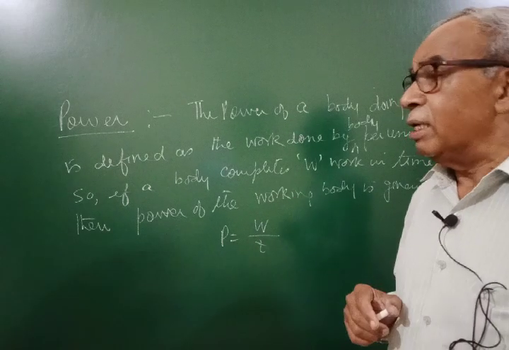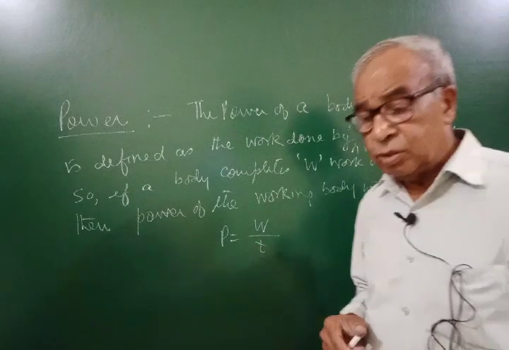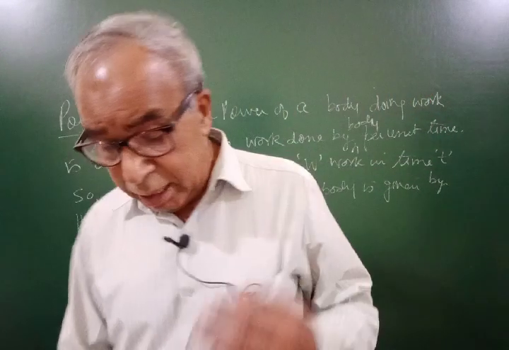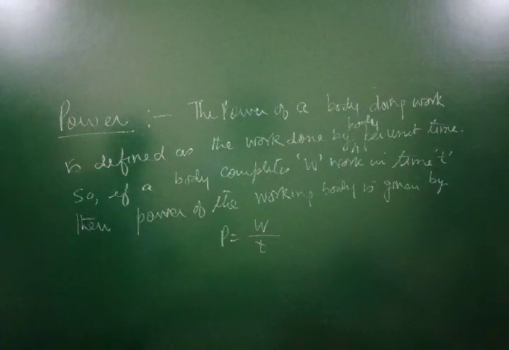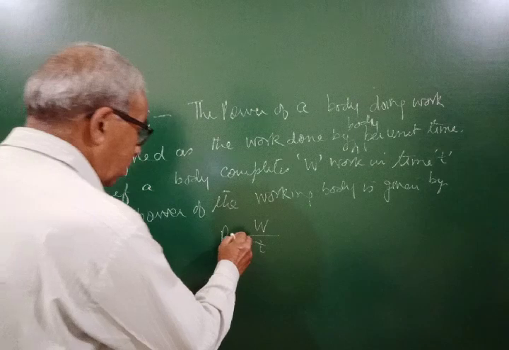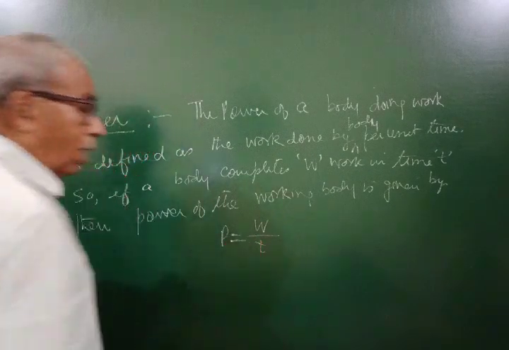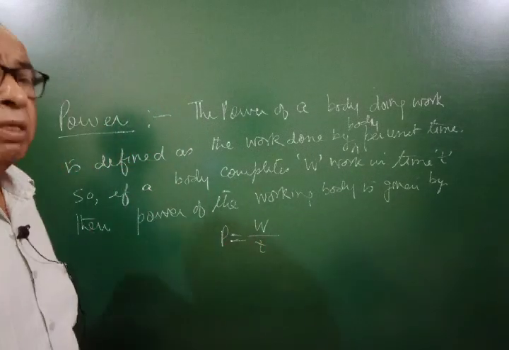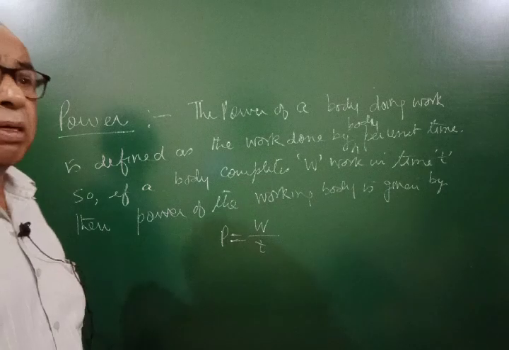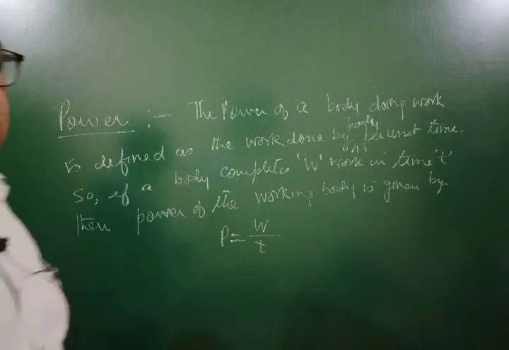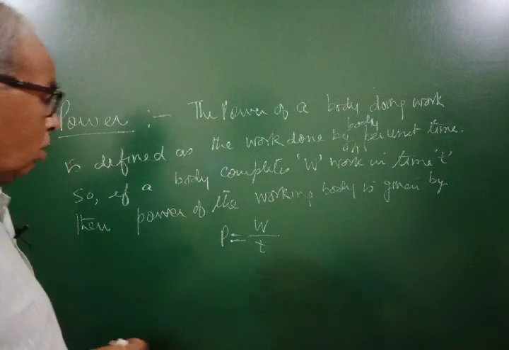You must say work done per unit time, because here it is measured per unit time. I think you have got my point, because rates are given in different manners: per number, per meter, per anything.